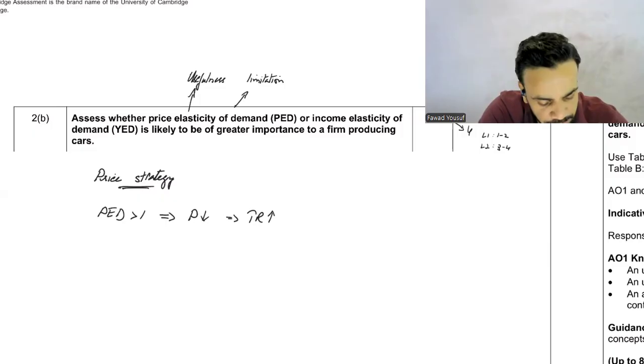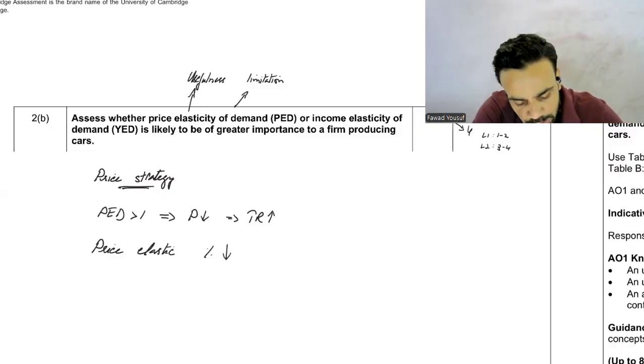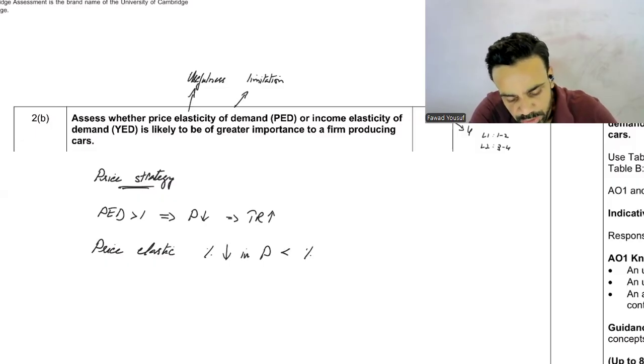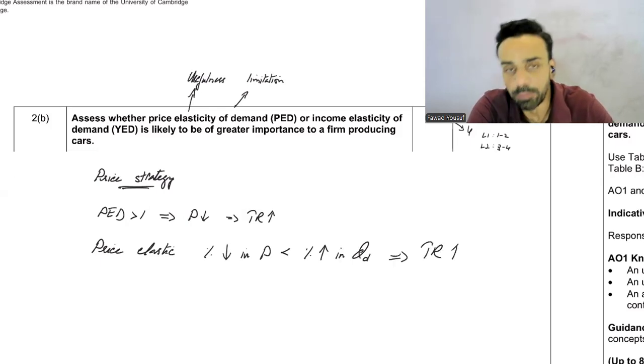What I mean is, when PED is price elastic, the percentage fall in the price is less than the percentage rise in the quantity demanded, and this leads to total revenue to go up.